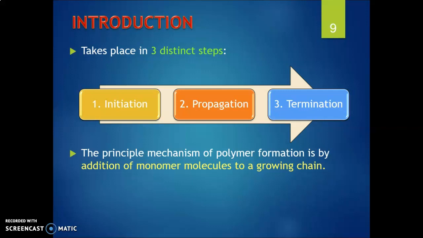So AI with radical formation will then react with the monomer itself again and produce a monomer with the presence of the radical. And then the propagation step will propagate more until at the end of the process it will be terminated. Okay, later I will show you the diagram.